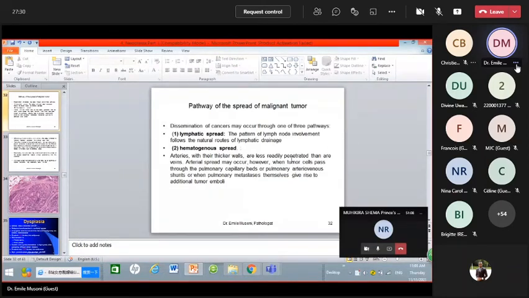Because what you have seen here is not exhaustive. There is a long list of benign and malignant tumors. This one you have to write as an assignment. So you write on the characteristics of benign and malignant tumors. I think this one is assignment number 2. Okay?